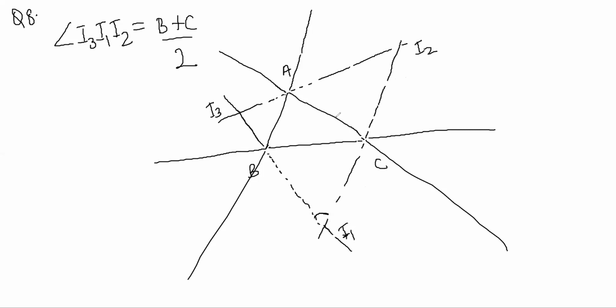Very easy, because this is angle B, this is angle C. So this is 90 minus B by 2, this is 90 minus C by 2. So this is B by 2 plus C by 2. Makes sense, this is very easy. And once you draw the figure, it is over.